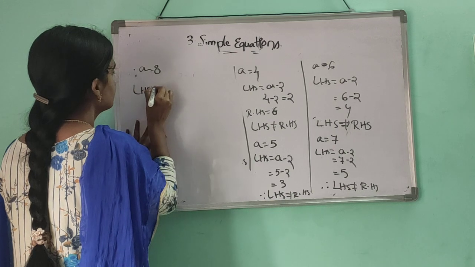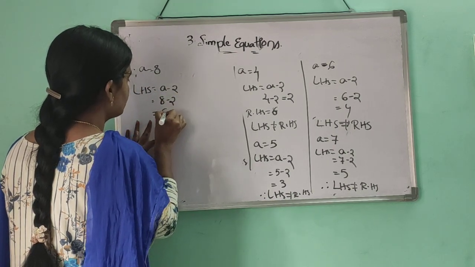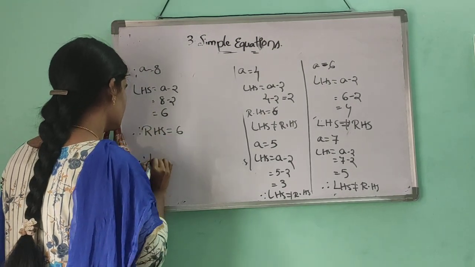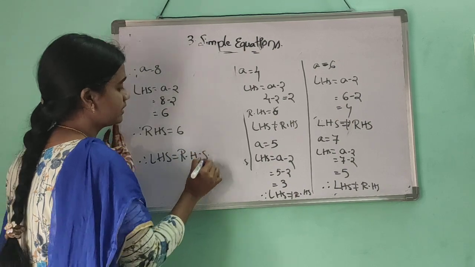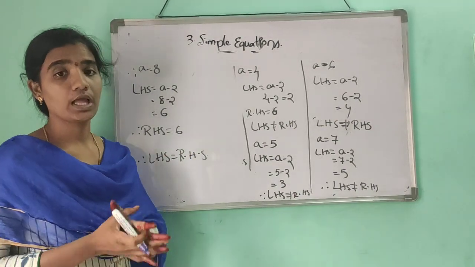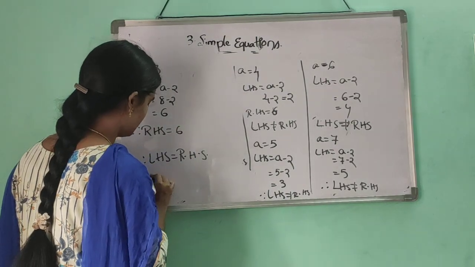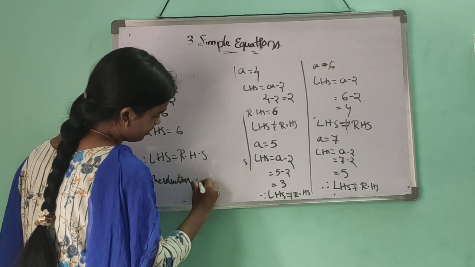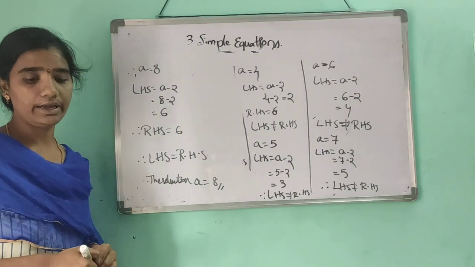LHS equal to A minus 2, that means 8 minus 2. The answer is 6. Therefore RHS value is also 6. So LHS equals RHS. The solution is A equal to 8.